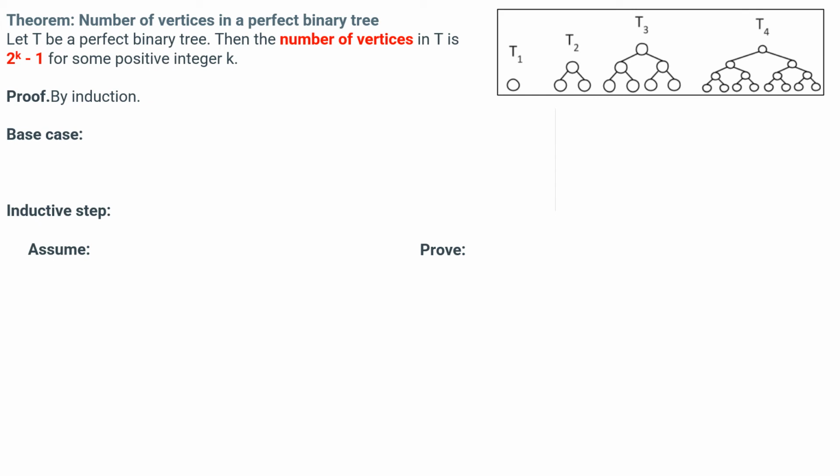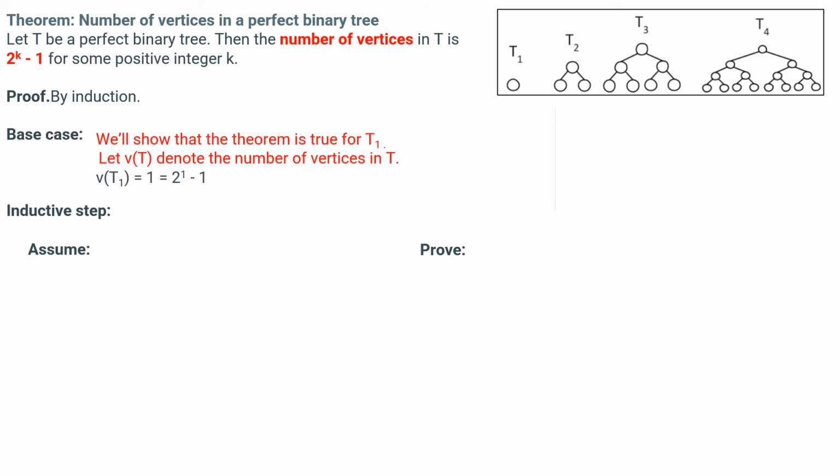Okay, so first of all, before we get into the inductive step, we need to talk about the base case, which would be proving that this is true for the basis. Now, what's the basis of these binary trees? That's what we start with, and that would be this T1 that just has one vertex. So we need to show that what we're trying to prove is true for T sub 1.